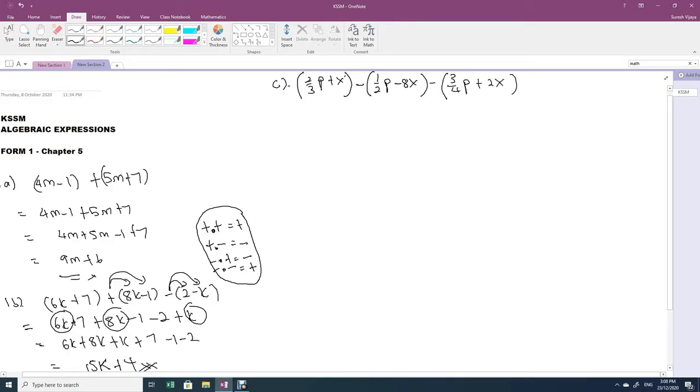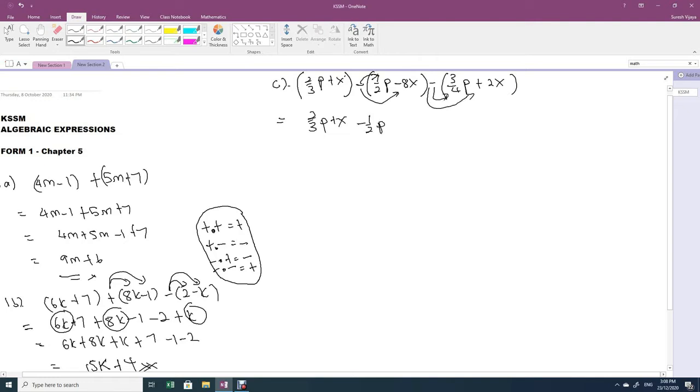With this, you have to break up the parentheses, the brackets. So write back 2 over 3p plus x. The minus you have to multiply in, the other minus is the same, you have to multiply in, so that you can break up the brackets.